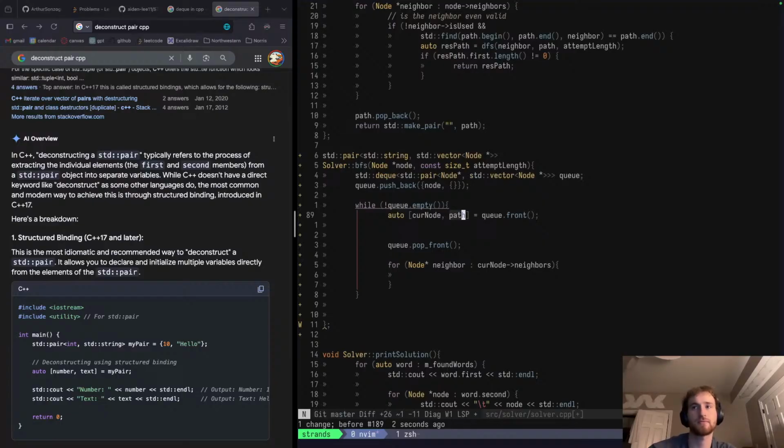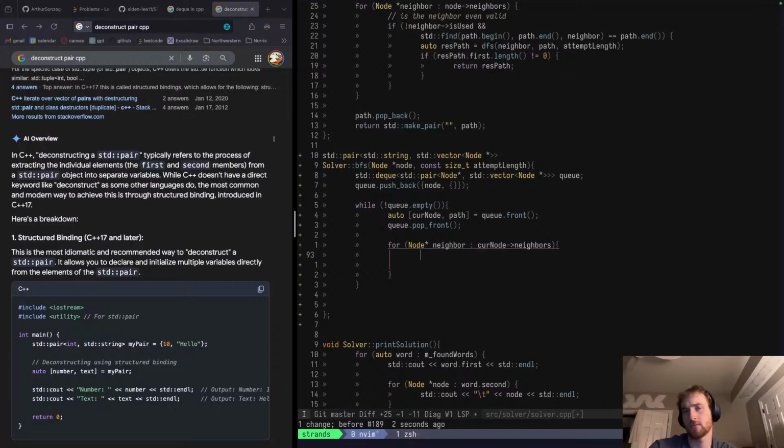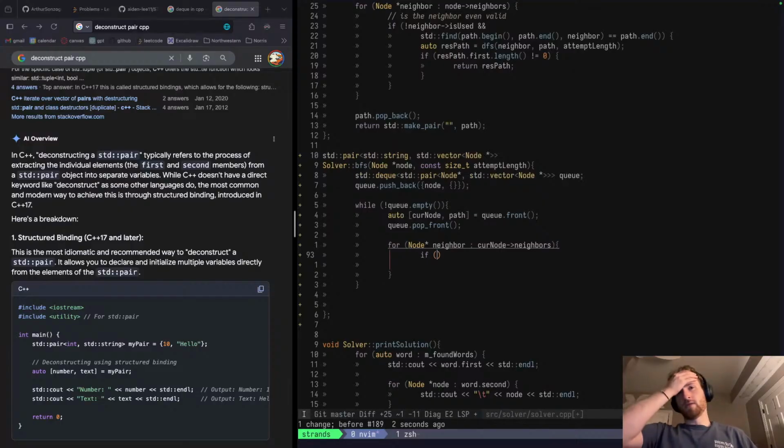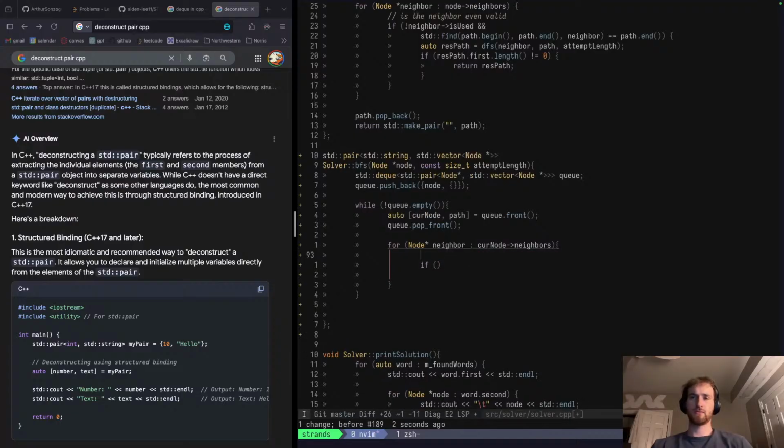Okay. I'm not using namespace std. Apparently it's not as idiomatic, and I'm new to C++, so it kind of forces me to think.